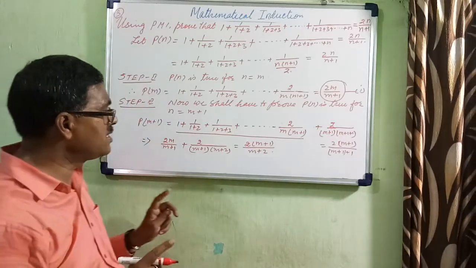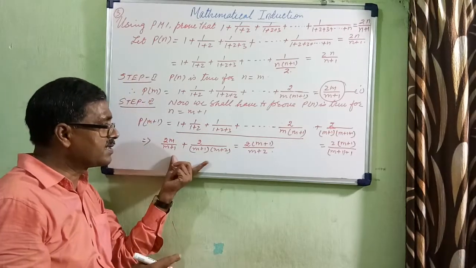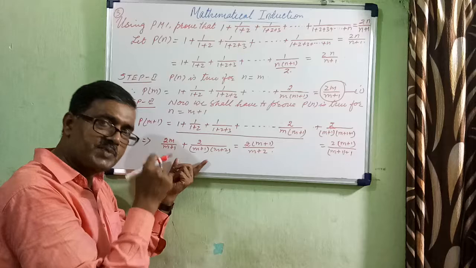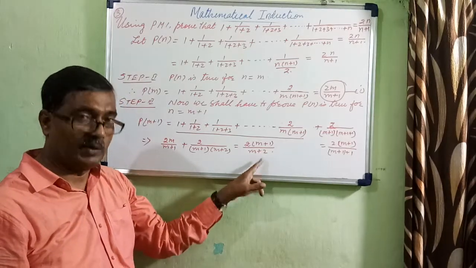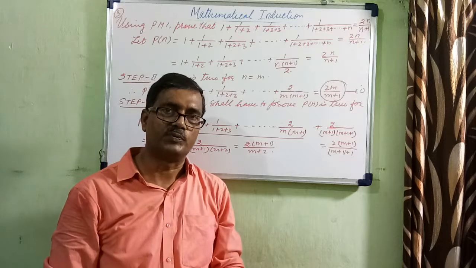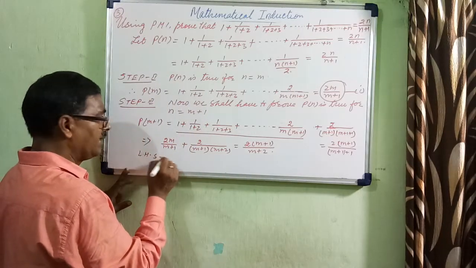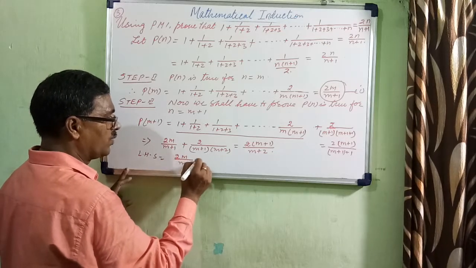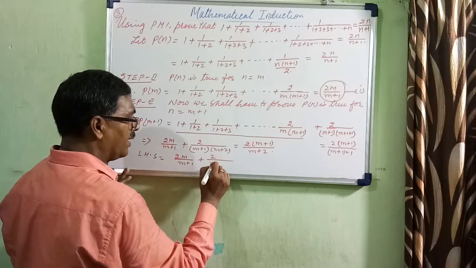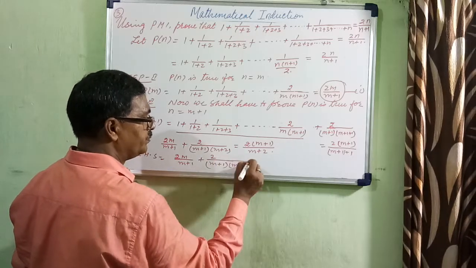Now, our aim is, you take LHS as we have taken in the first case, simplify to a certain extent so that we are able to get this particular RHS. If it is so, means it is proved. So let us take LHS: 2m by m plus 1 plus 2 by m plus 1 into m plus 2.